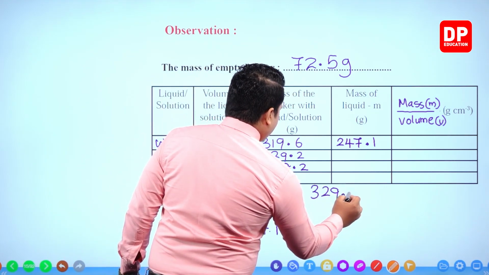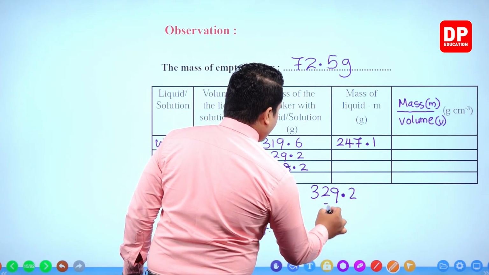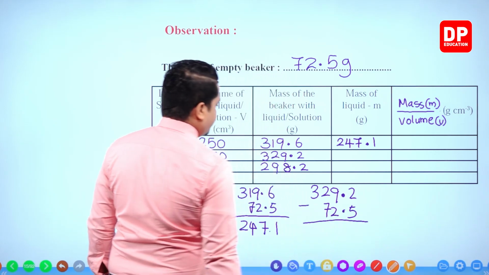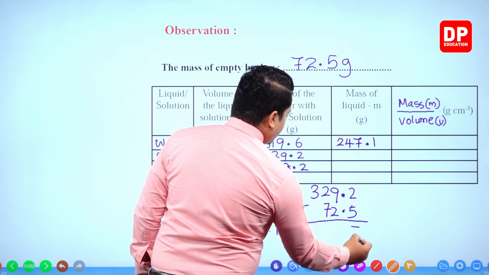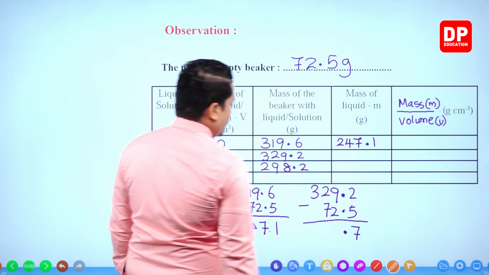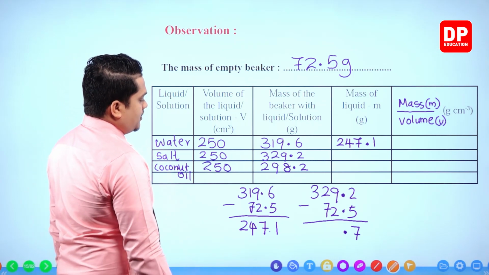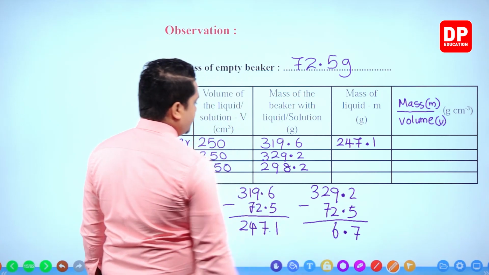329.2, subtract 72.5. You take one to the other side, here 7. 12 minus 5 is equal to 7. Then 8 minus 2 is equal to 6.